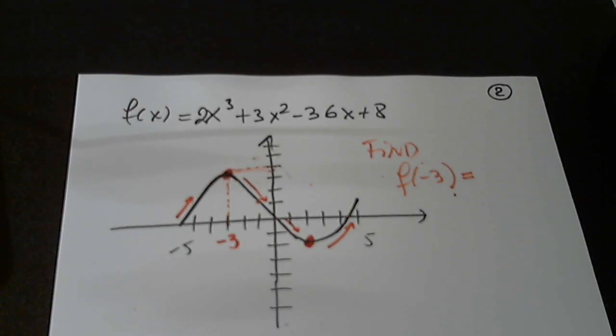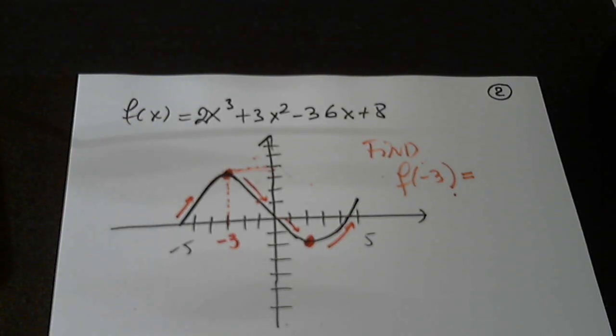Clear if you have anything else, and enter the function carefully and patiently. 2x to the third plus 3x squared plus minus 36x and plus 8. And now go to second and table and plug in -3.